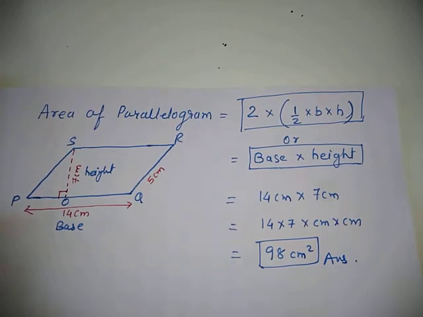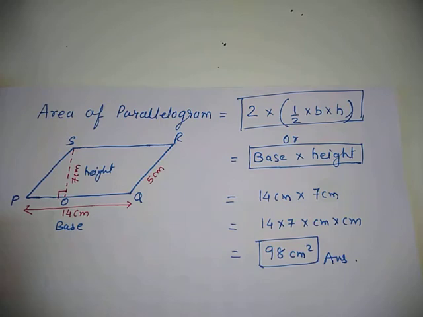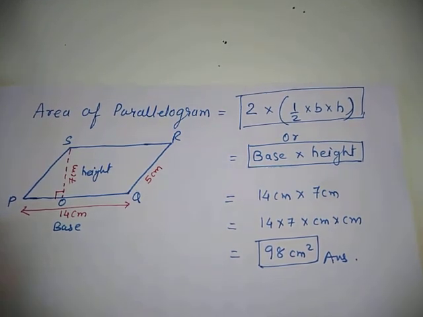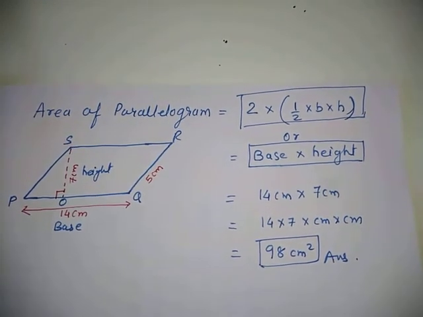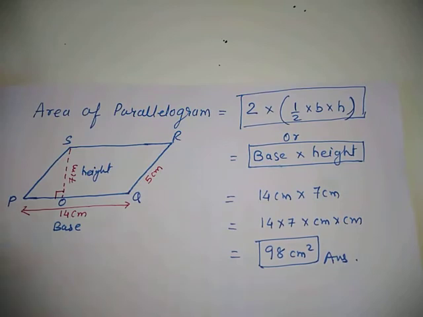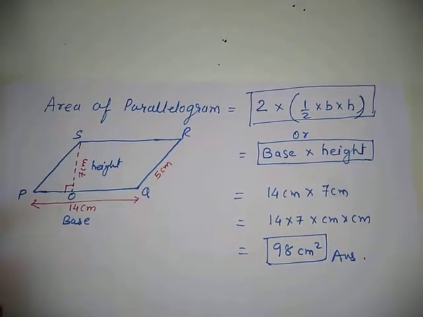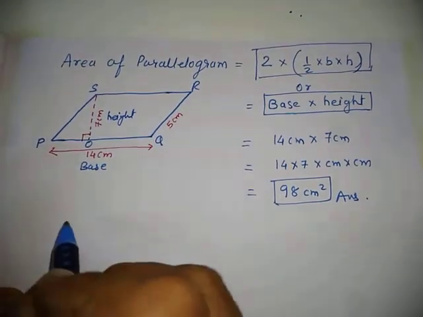So this way you can find the area of a parallelogram. Many other figures are there, like trapezium and other polygons. Using various formulas we can find these also. Suppose the area of a semicircle. We can find the area of semicircle also.